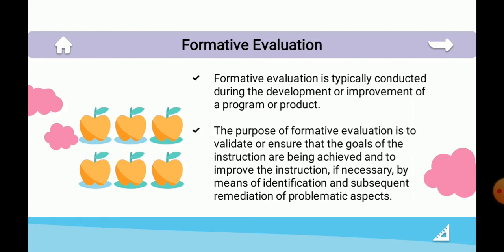The purpose of formative evaluation is to validate or ensure that the goals of the instruction are being achieved and to improve the instruction, if necessary, by means of identification and subsequent remediation of problematic aspects.